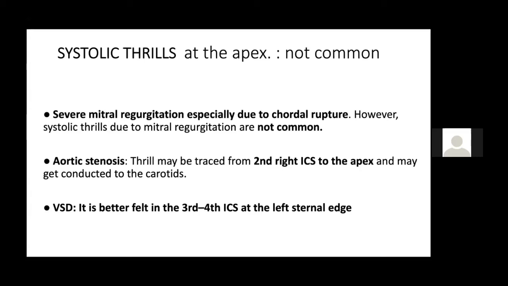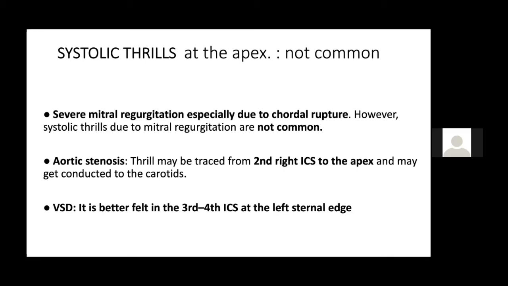Also, if you are looking at the apex, you should always check whether it is the thrill of a ventricular septal defect. A moderate-size or significant VSD is associated with a thrill at the left lower sternal border, that is, the left intercostal space, and it should be associated with a pansystolic murmur. And if the shunt is large, you should be able to get an LV S3 and a mid-diastolic murmur across the mitral valve.